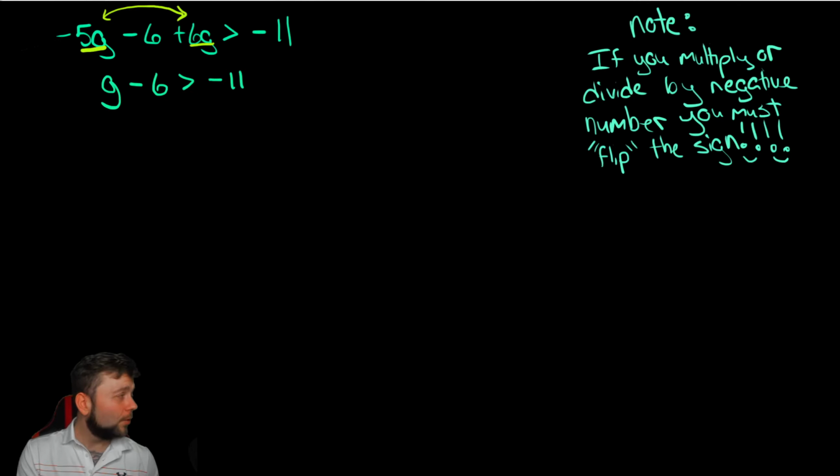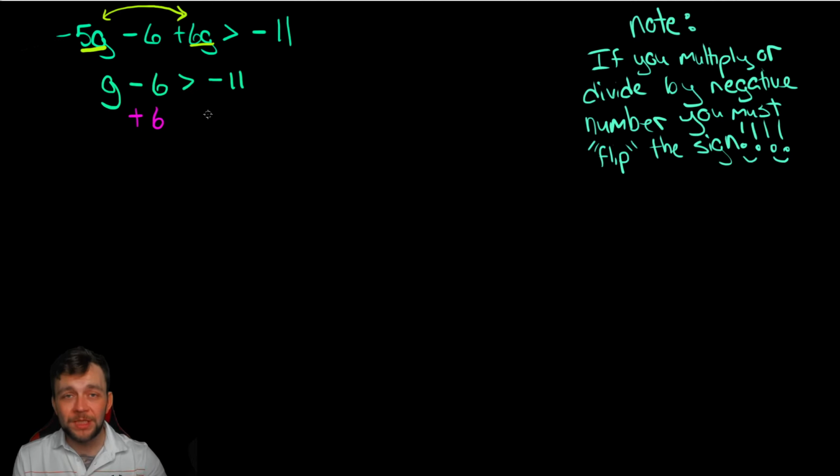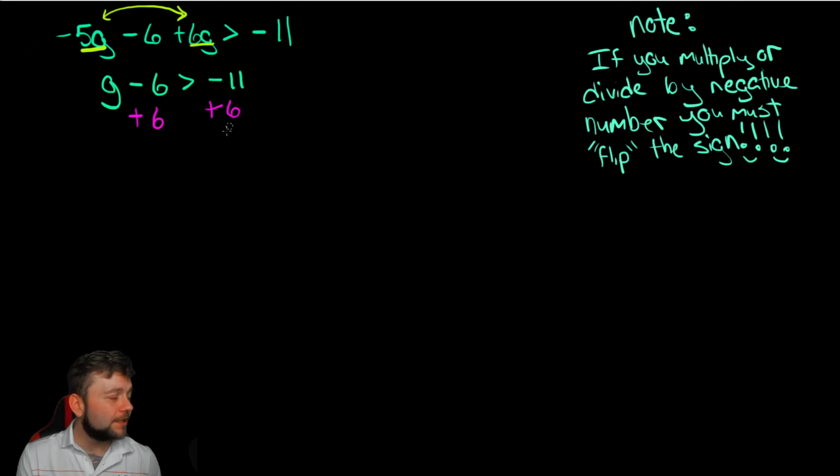Okay, so how do we get rid of our minus 6? What is the inverse operation of a minus 6? It is a plus 6. Whatever we do to one side of the inequality, we must do to the other side. So we're going to add 6 to the right side.